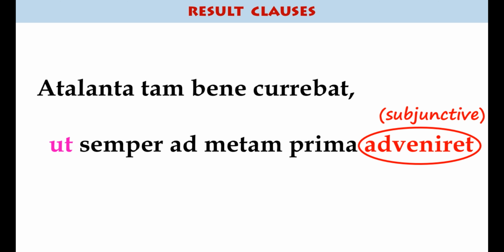There's nothing uncertain about the result, okay? The girl ran so fast that she definitely always arrived first. It's pretty obviously fact here rather than doubt or virtual possibilities. But unfortunately, the Romans did use it, and that's what we're stuck with.